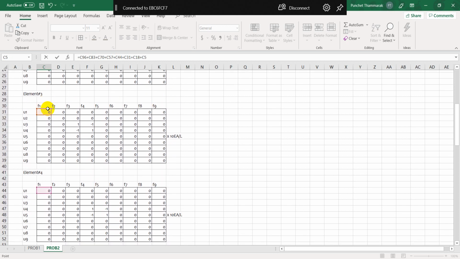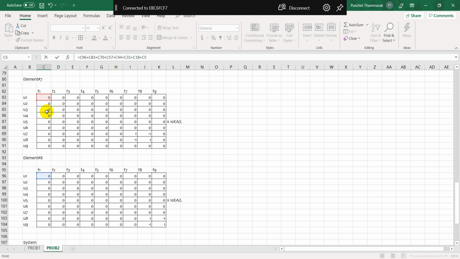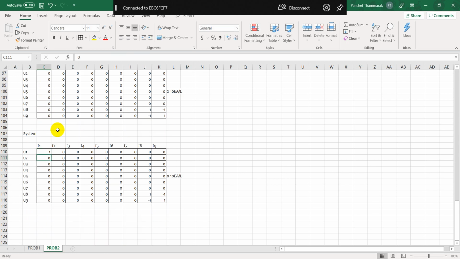Okay, let me check. Everything looks right. Then there you go. Copy and copy. There it is. We get the system stiffness matrix already.